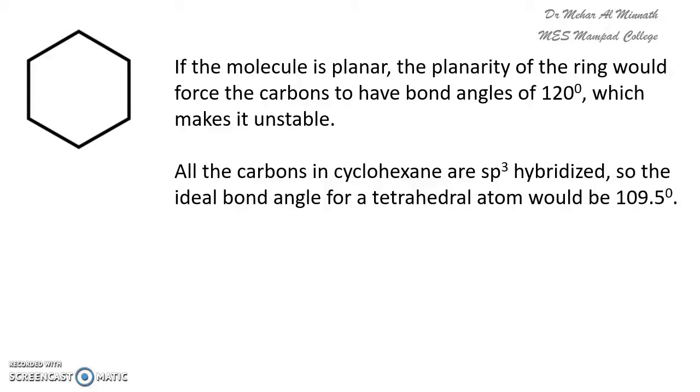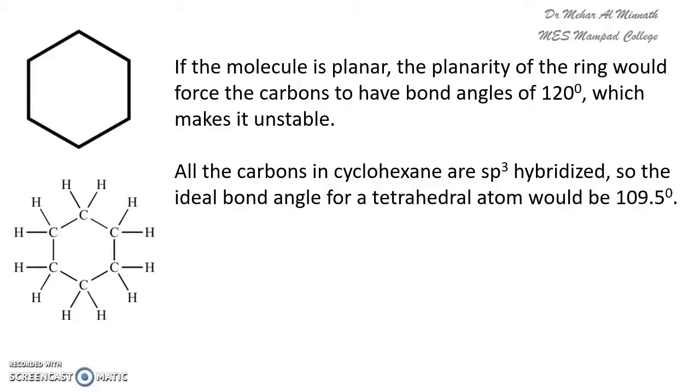So if we write cyclohexane in the planar form, the bond angle will be 120 degrees, which is very much more than the expected bond angle for a tetrahedral structure. So there will be some angular strain if cyclohexane exists in the planar form.